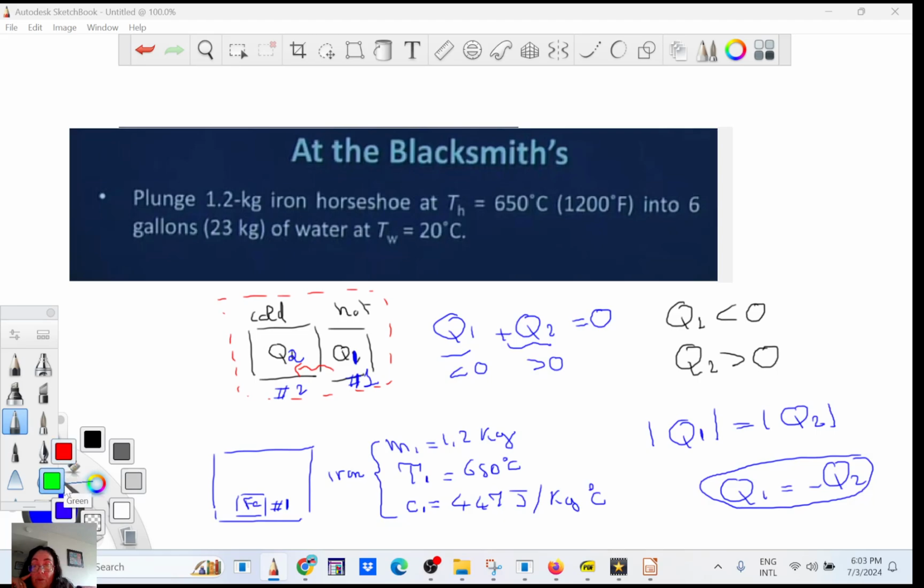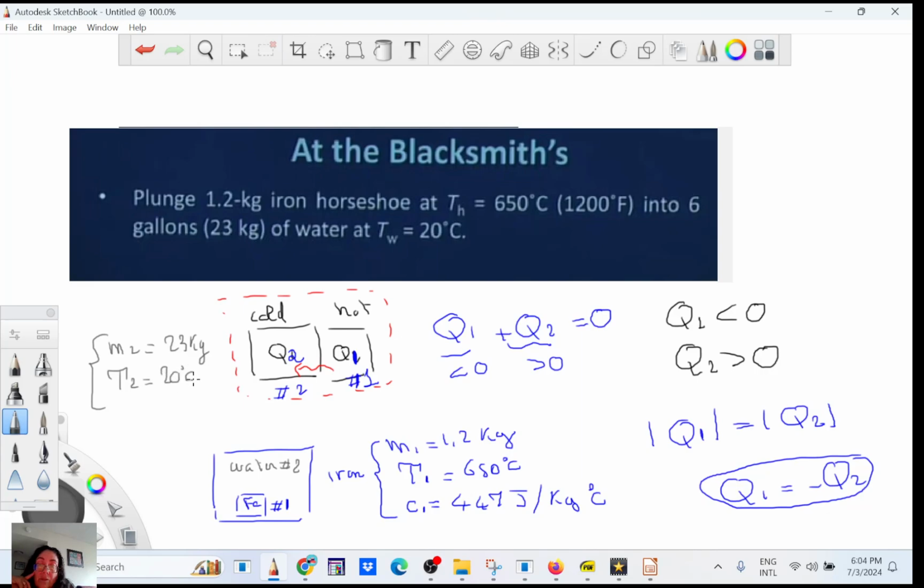And system number 2 is going to be water. For water, we have a mass of 23 kilograms, and we have a temperature of 20 degrees Celsius, and the specific heat is 4184 joules per kilogram degree Celsius.